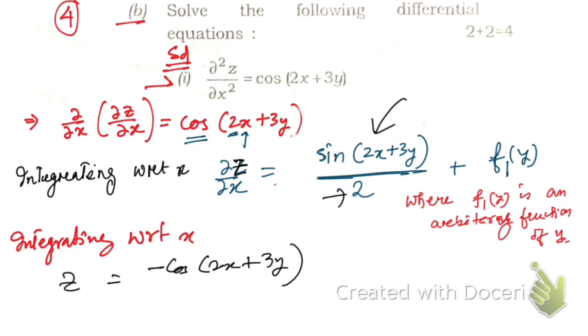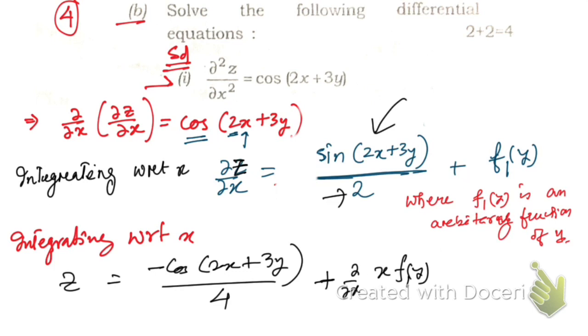There is already a 2, then again you have to multiply by the coefficient of x, so that's going to be 4. So here its denominator is going to be 4, and then you will get f1 of y. If you differentiate x into f1 of y with respect to x partially, then you will get this.